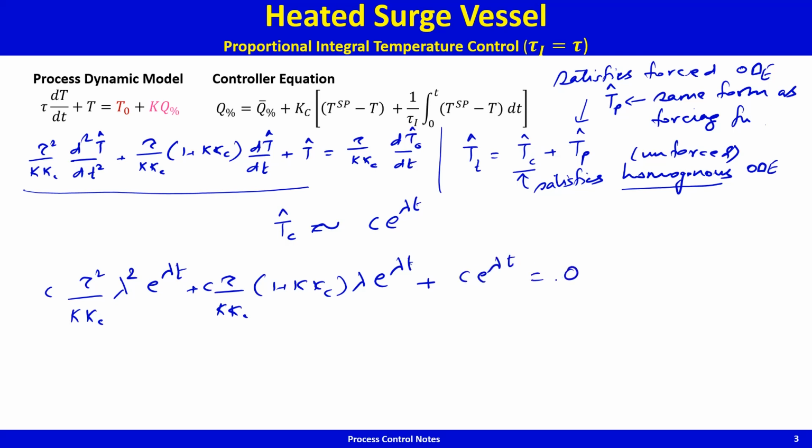This must be equal to 0. This is called the characteristic equation. The c and the exponential cancel out, and then what you get is the characteristic equation.